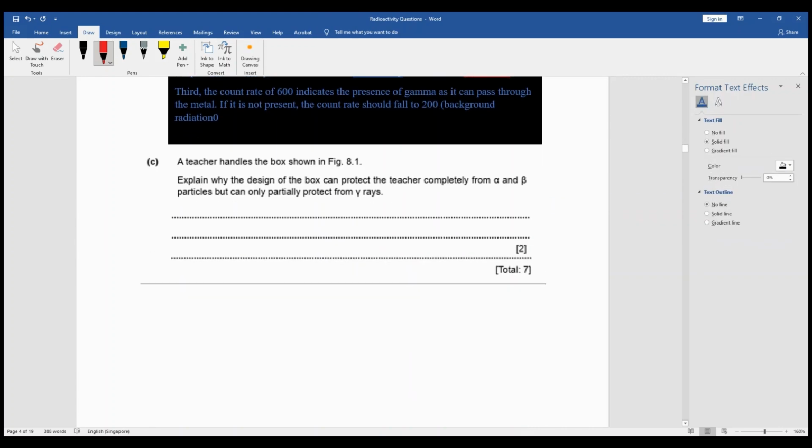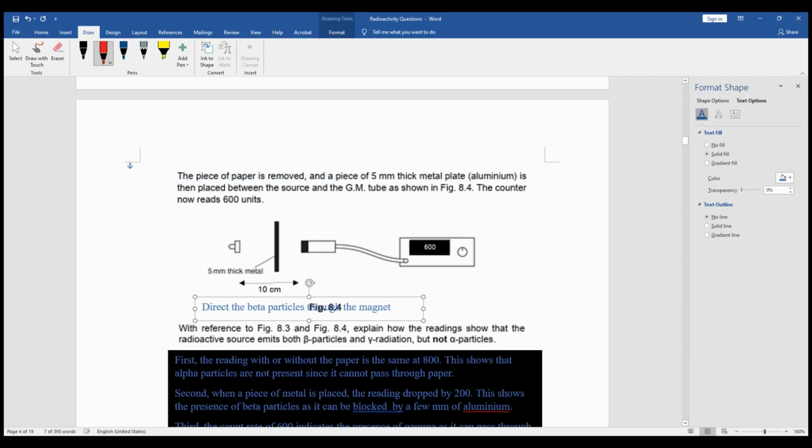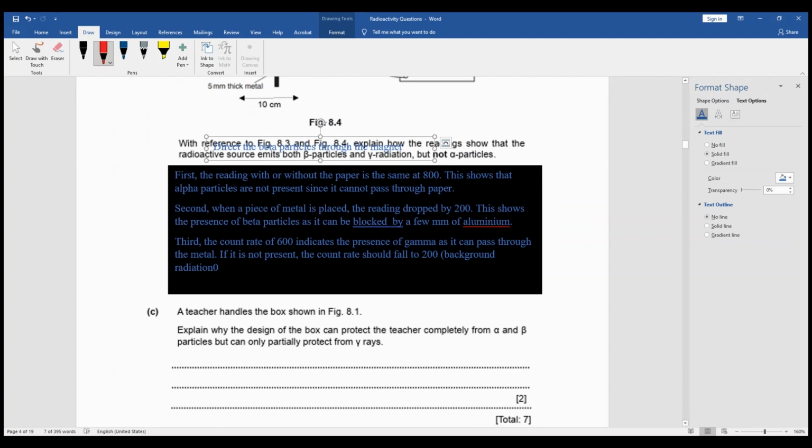Explain why it can protect completely. That's easy. Because it's made of lead, or a few cm thick of metal. The box is made of lead, which can block, actually, absorb. Up to you whether you write block or absorb.